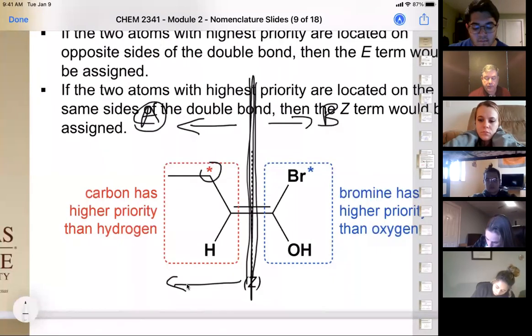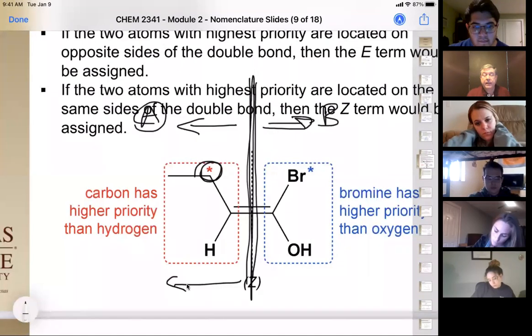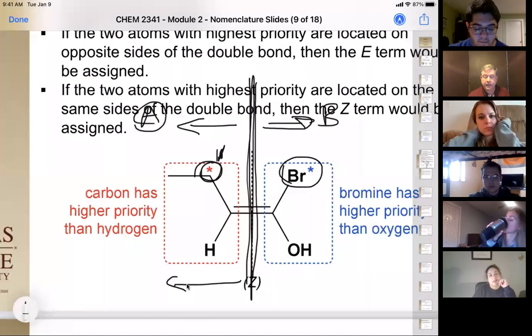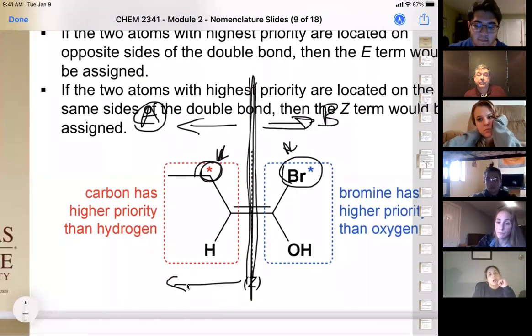Like here, we're going to draw an asterisk on it and I'll talk about priority. Then we're going to go to the other side and find the highest assigned priority on the other side. In this case, it's going to be bromine. And because this is the highest on this side and this is the highest on this side, they're on the same side, okay? Which would make it the Z determination.